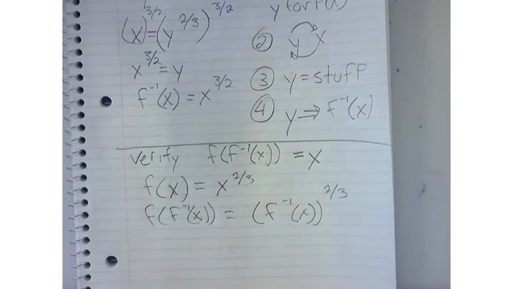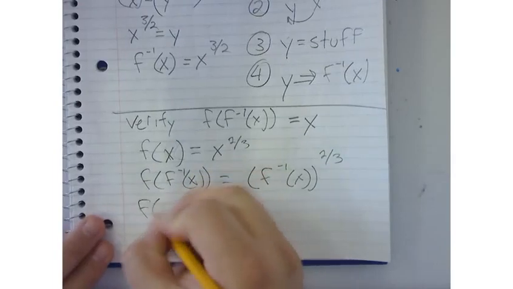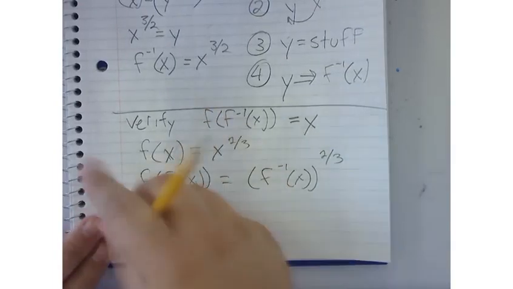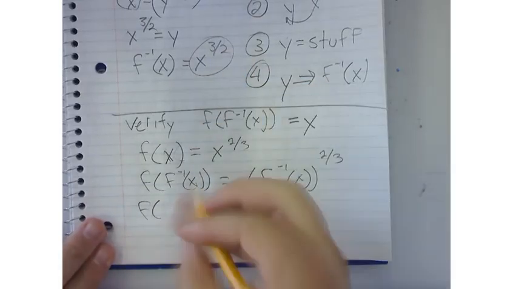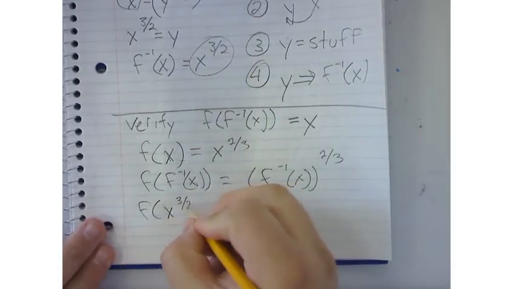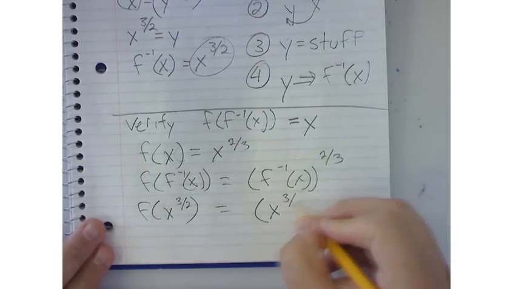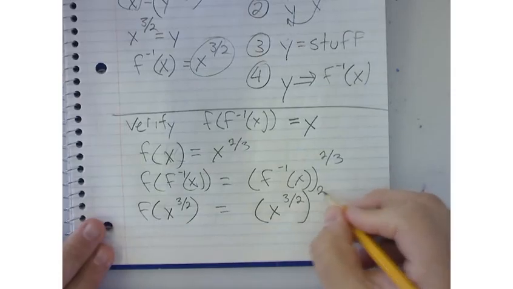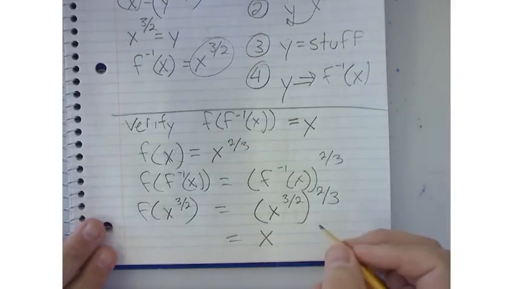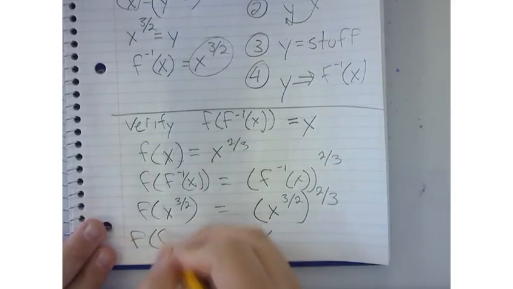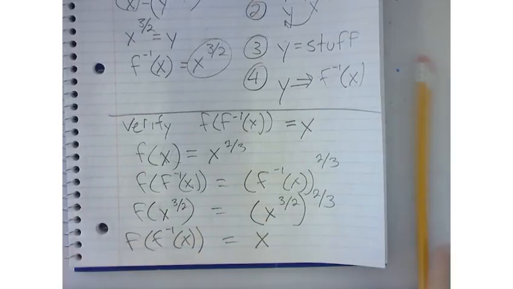But what was f inverse? f inverse was actually the stuff right here, x raised to the 3/2. So then this becomes x raised to the 3/2 raised to the 2/3, which is x. So f of f inverse is equal to x.